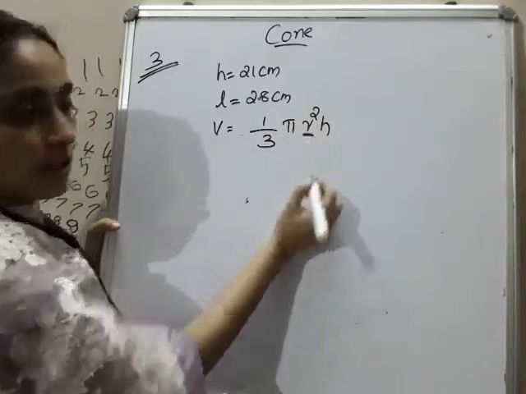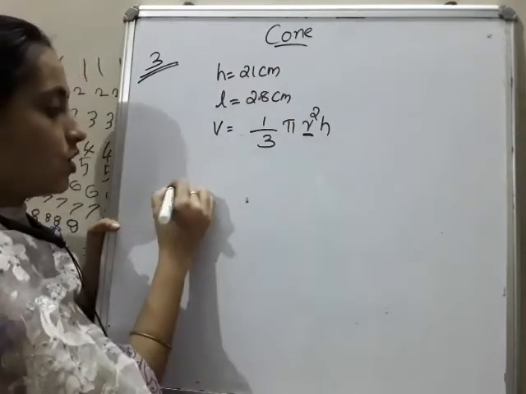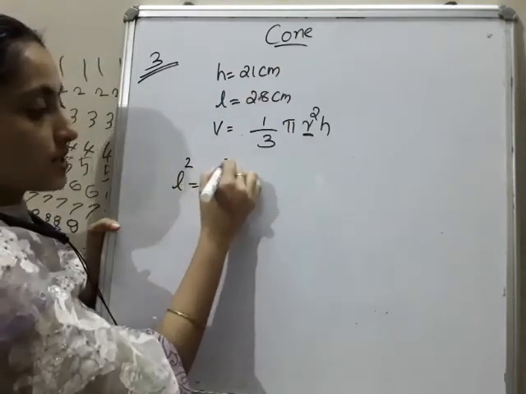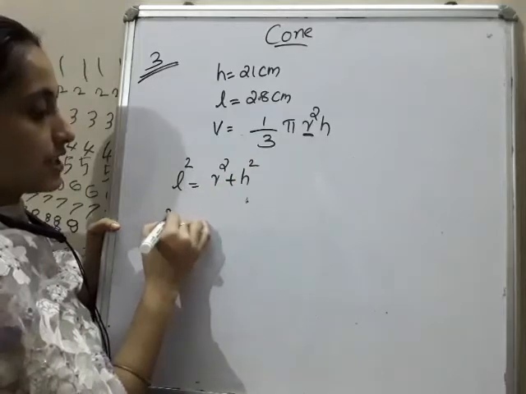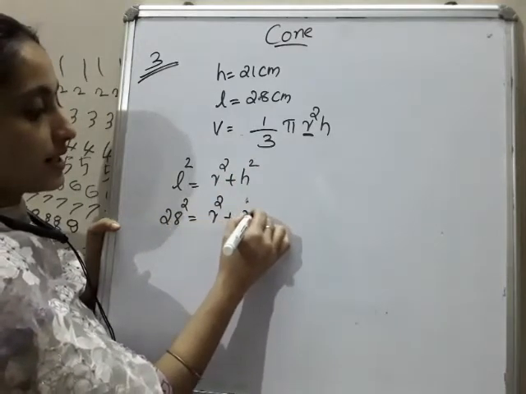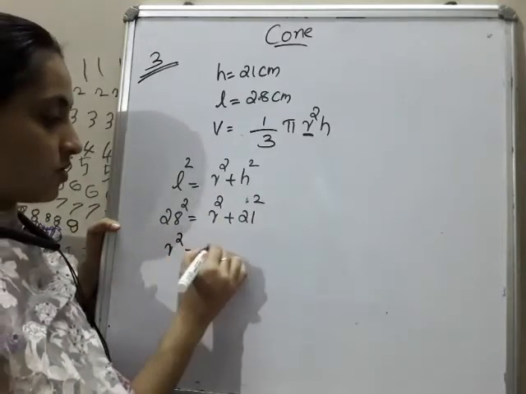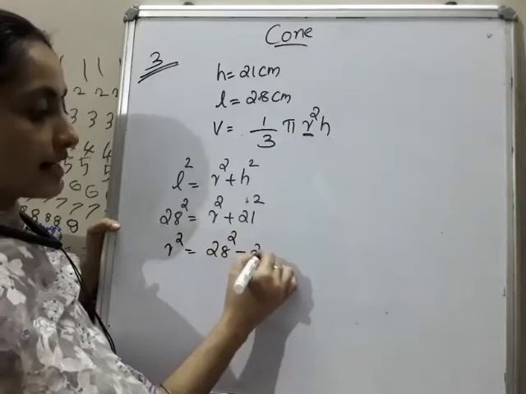But here we need r, and only h and l are given. So l square is equal to r square plus h square, that is 28 square equals r square plus 21 square. So r square will be equal to 28 square minus 21 square.